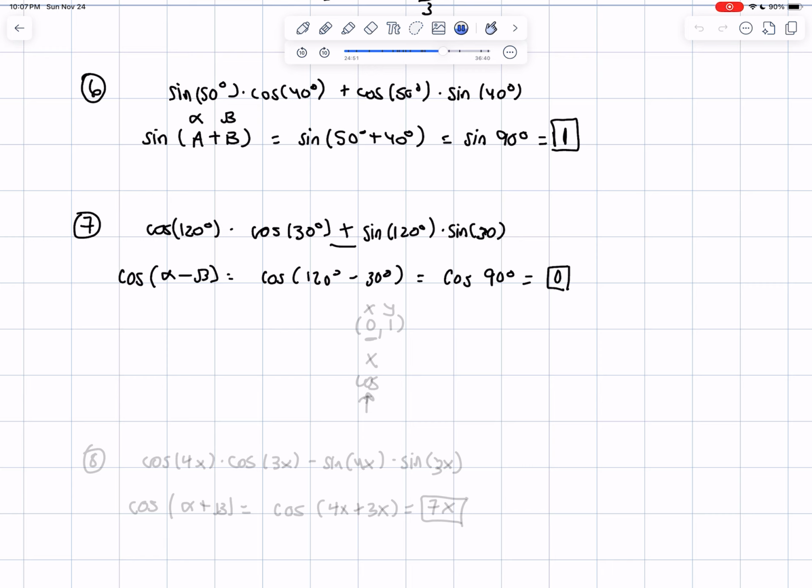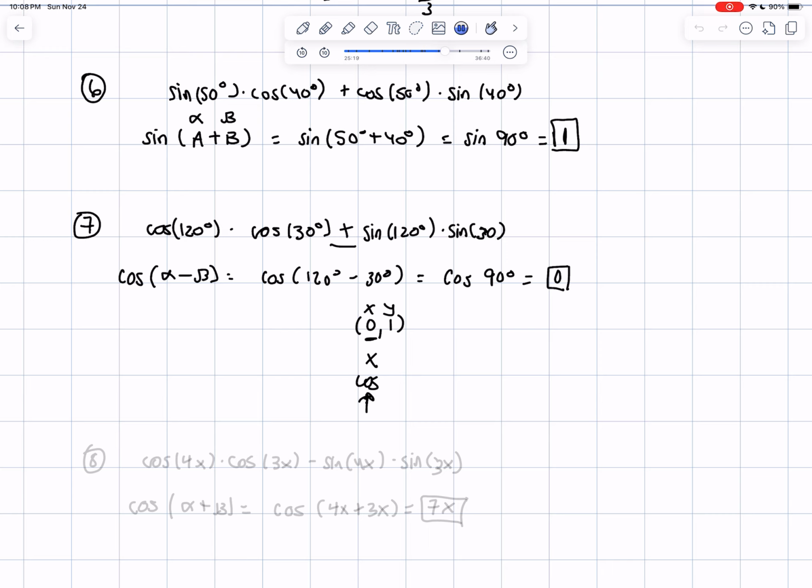Because at 90 degrees, we know the point has an x value of 0 and a y value of 1. And cosine is based on the x. So it is important to know what the values are at 180, 90, 0, and 270 as well.